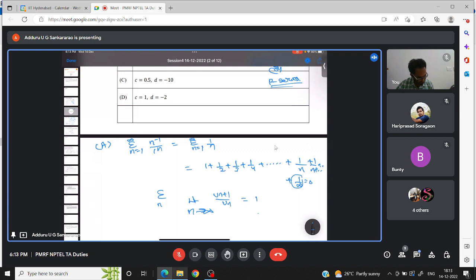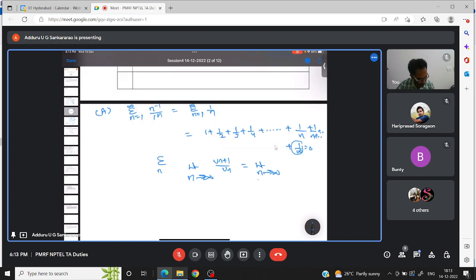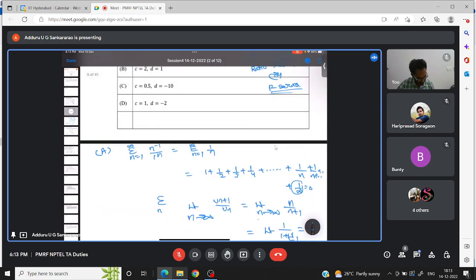U of n plus 1 is what? 1 by n plus 1. So it will be limit n tends to infinity of 1 by 1 plus 1 by n. Its value is 1. Sorry.